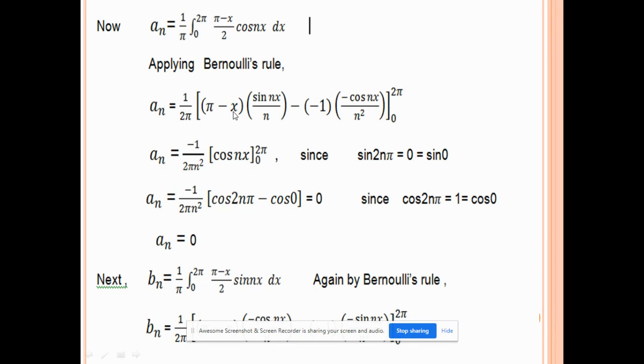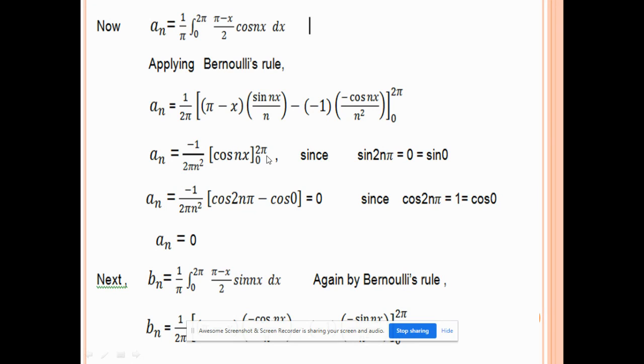Keep pi minus x as it is, the differentiating part, and integrate this cos nx, the integrating part. We get sin nx divided by n minus, then differentiate this one, you get minus 1, and again integrate sin nx divided by n. We will get minus cos nx divided by n into n, that is n square. Limits from 0 to 2 pi.